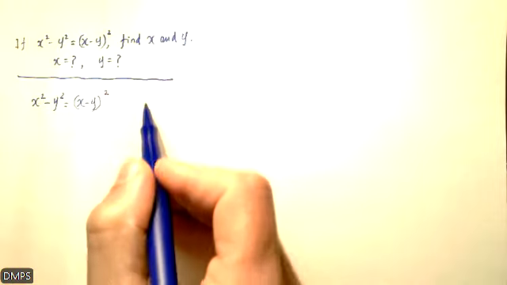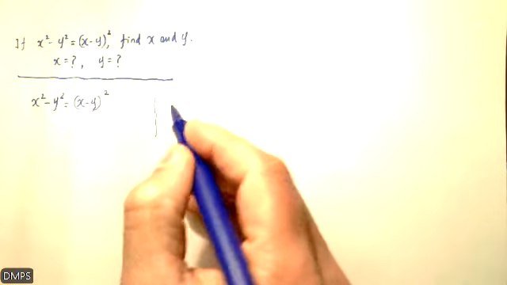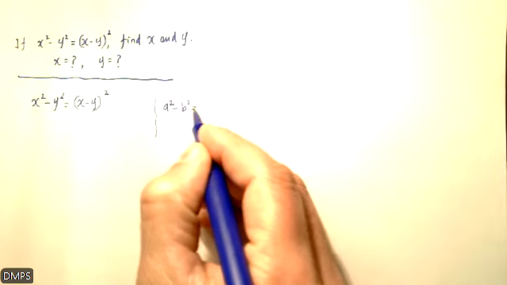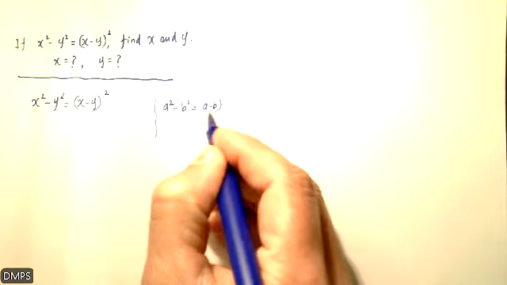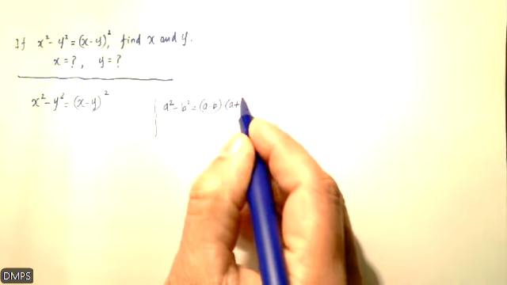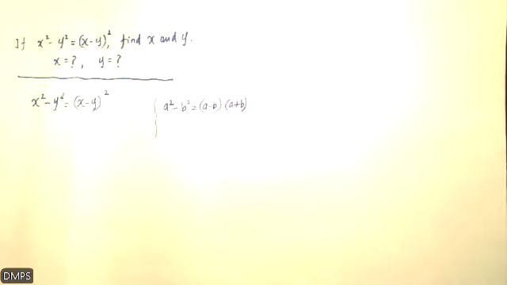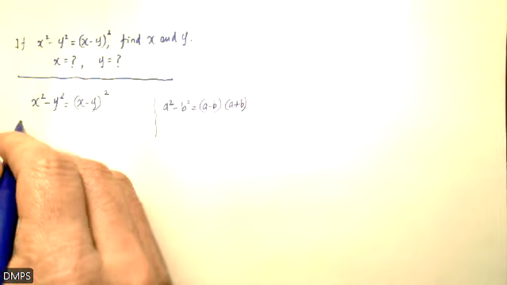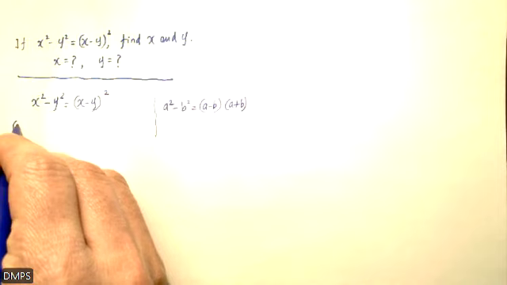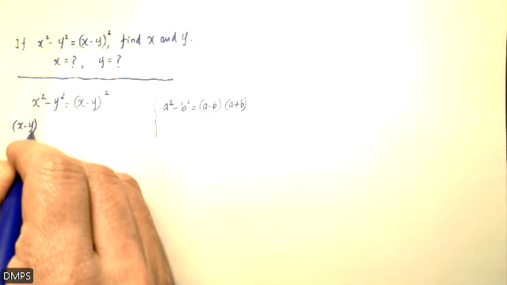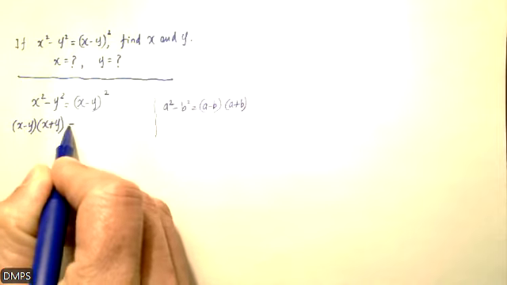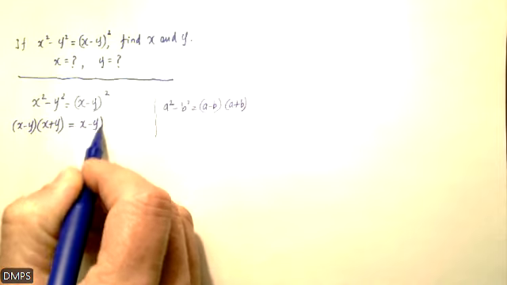If you remember, there is a formula for difference of squares, a squared minus b squared is simply a minus b times a plus b. So if I use that to write this in factored form, it will be x minus y and x plus y is equal to x minus y squared on the right.